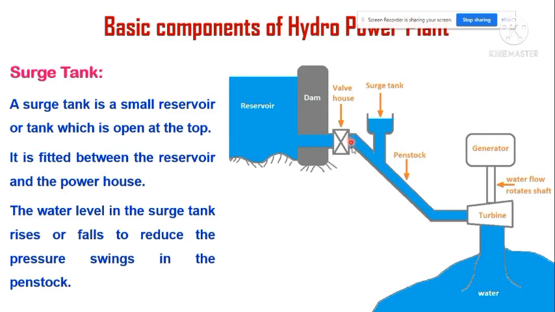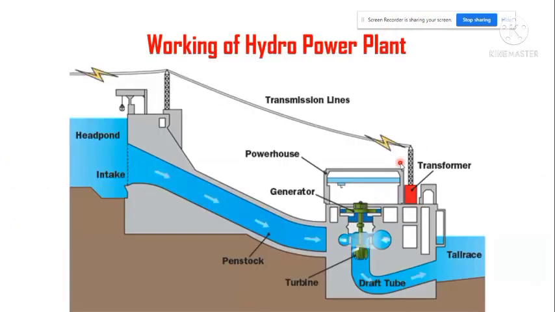This causes pressure to increase abnormally in the penstock. This is prevented by using the surge tank, in which the water level rises to reduce the pressure. On the other hand, the surge tank provides excess water needed when the gates are suddenly opened to meet the increased load demand. Okay, that is the purpose of the surge tank.